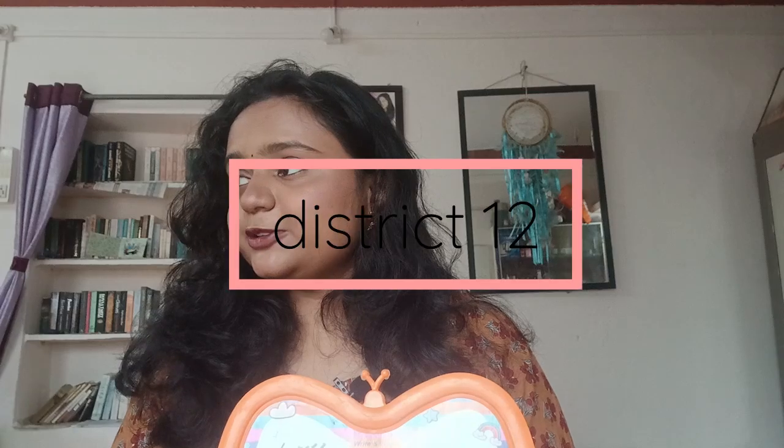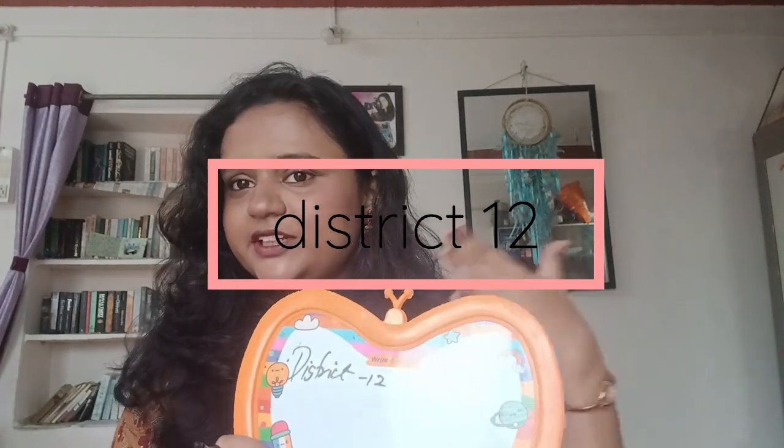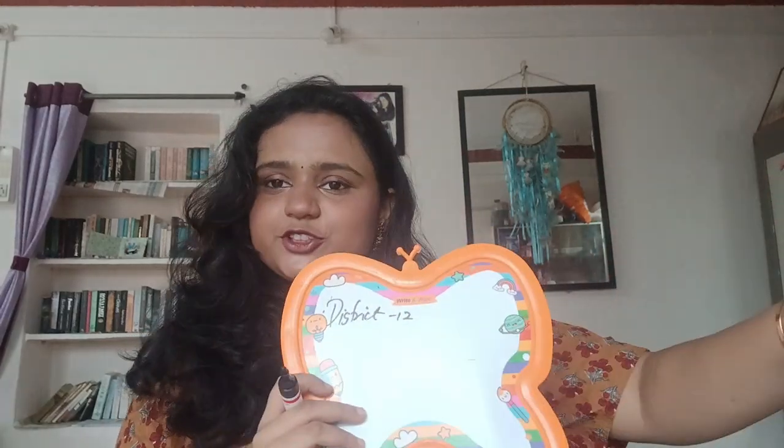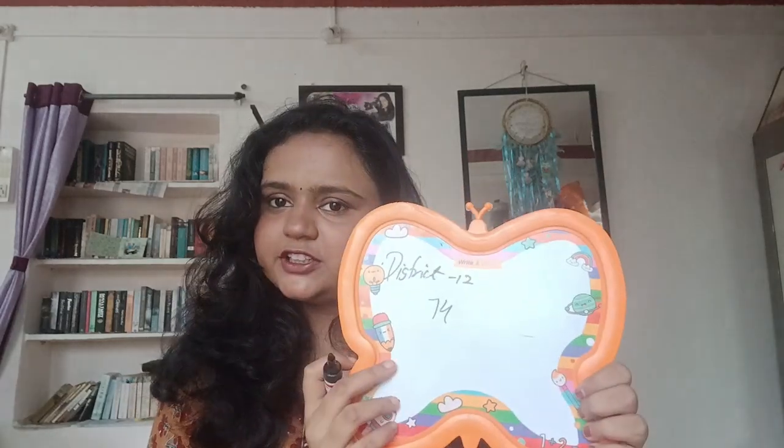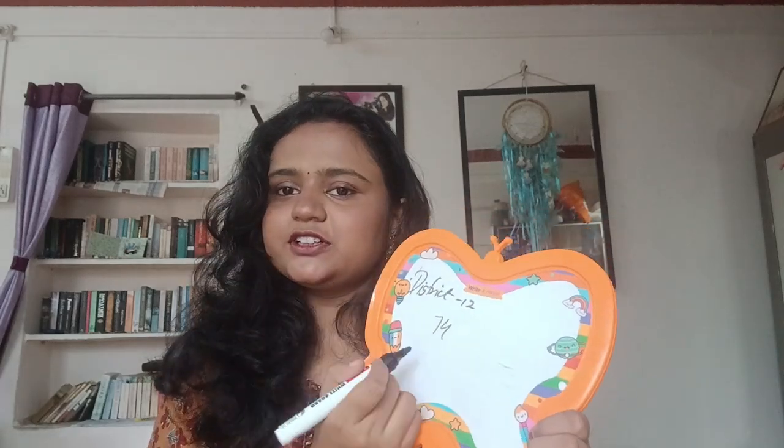Then we are going to talk about the district of our main character Katniss Everdeen, who we are going to talk about in the next 2 videos. So it is important. They are so poor that they are not even considered underdogs in the whole history. When the book starts, we are supposed to be in the 74th Hunger Games, and in the 74th Hunger Games they only had 2 victors.